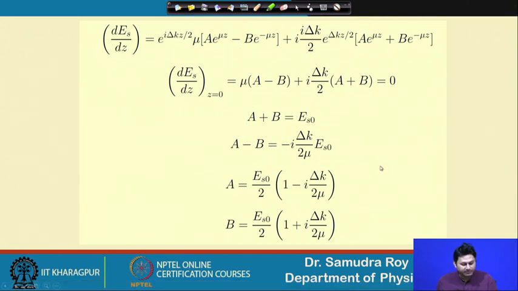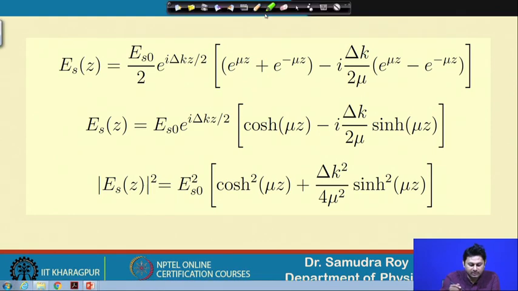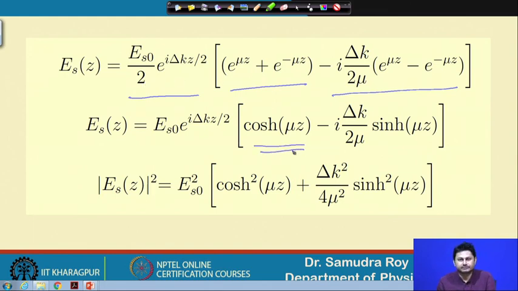Once I figure out A and B, the next thing is to put these values in the total electric field Es, the total signal field. It simply comes out to be exponential of mu plus exponential of minus mu and this. If I put these two inside, it will be cosh of mu z as the first contribution, and the second contribution will be sinh of mu z.